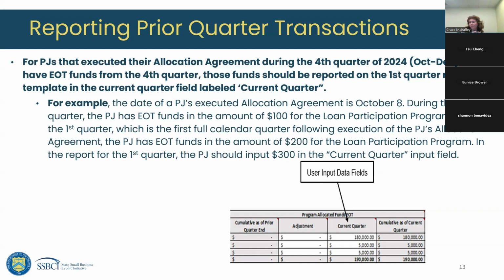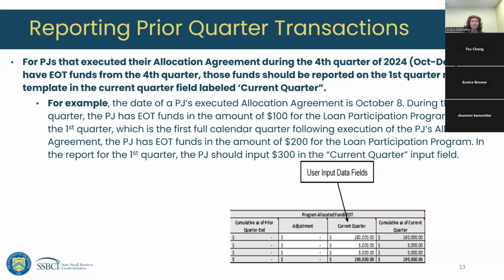For example, if a jurisdiction executed the allocation agreement in October of 2024 and EOT'd funds of $100 in their LPP program, and during the first quarter, which is the first time that this jurisdiction would be reporting, the jurisdiction EOT'd an additional $200 of SSBCI funds, for Q1 reporting the jurisdiction should input $300 in the current quarter input field.